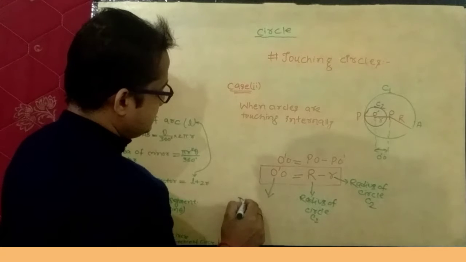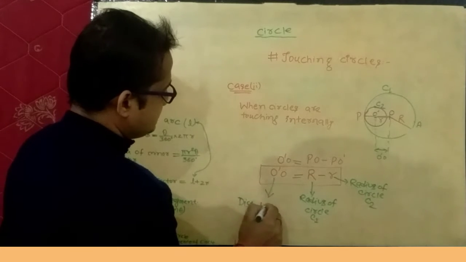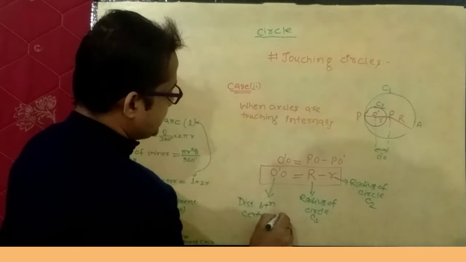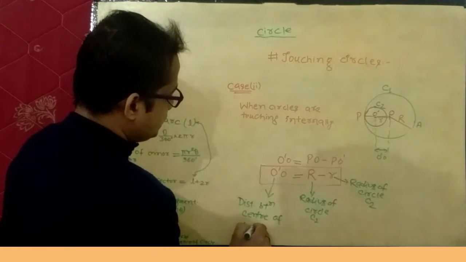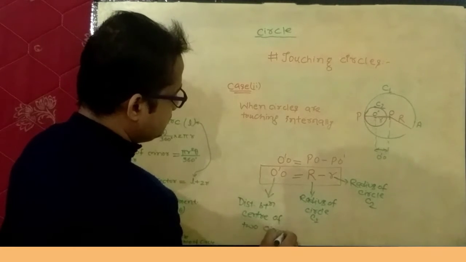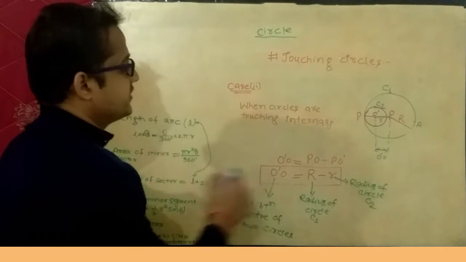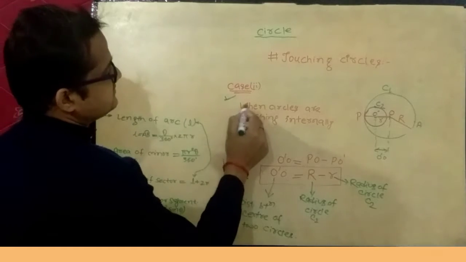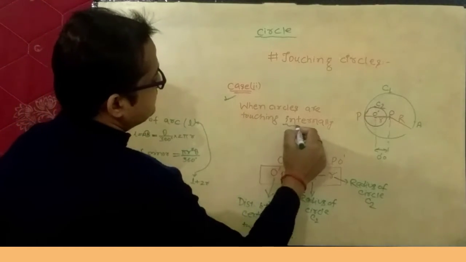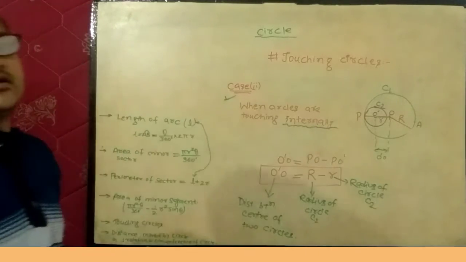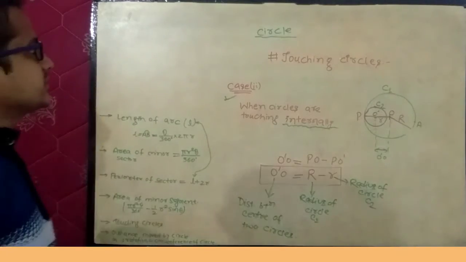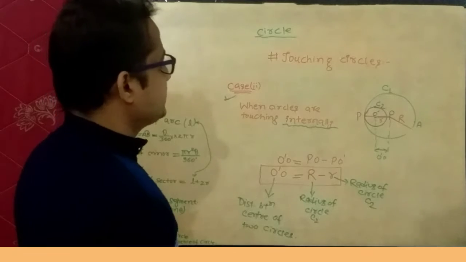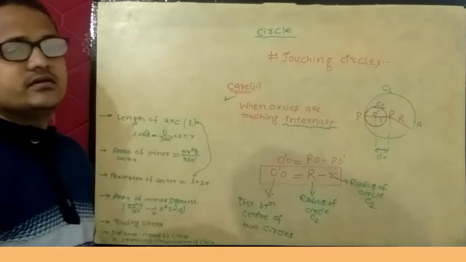So this is the distance between the centers of two circles, that is O dash O, and the condition is what? This is case second, when two circles are touching internally. This is the case to calculate the distance between the centers of two circles when the two circles are touching internally.